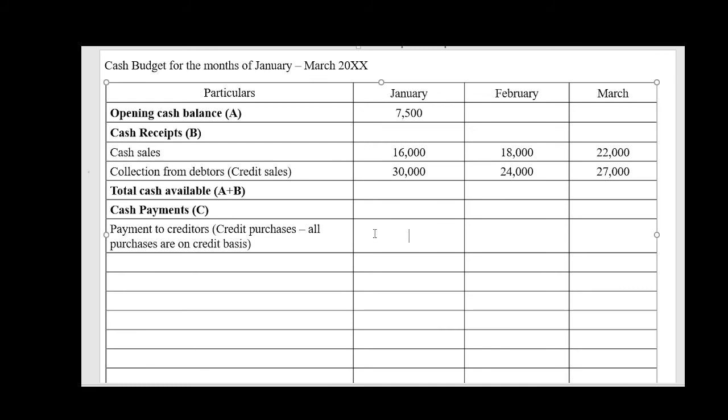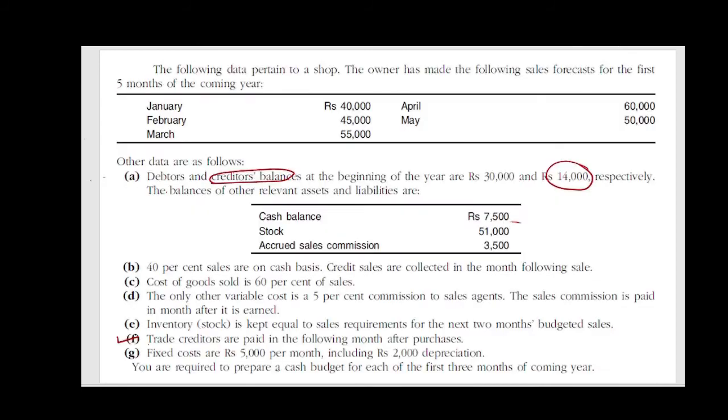So payment to creditors for the month of January is 14,000. For the month of February, it is 33,000. And for the month of March, it is 36,000. So we are done with the payment towards creditors. Let us see if there are any other cash payments.